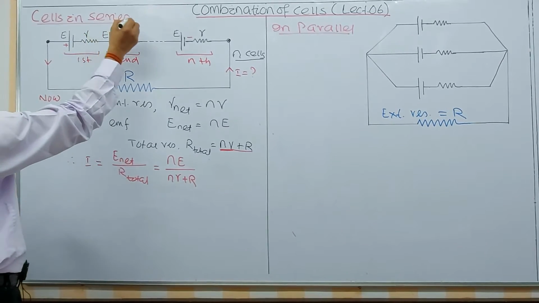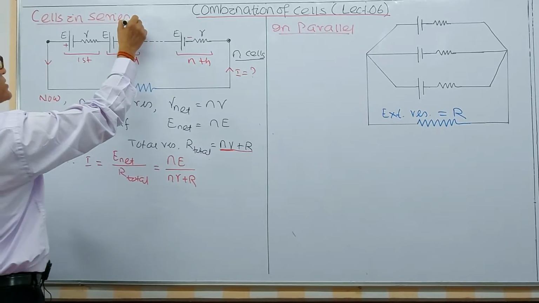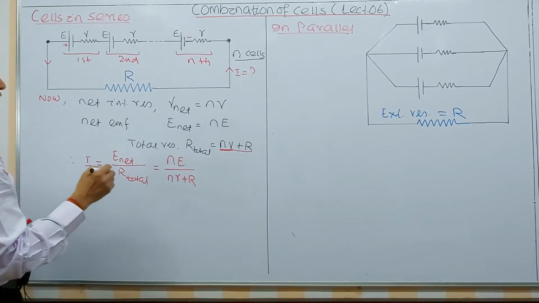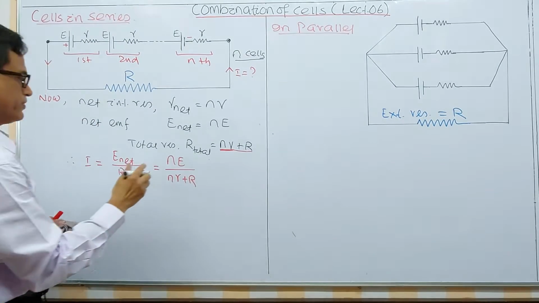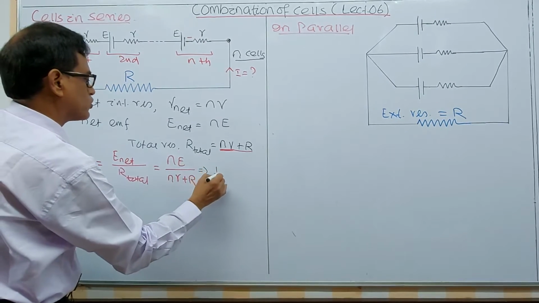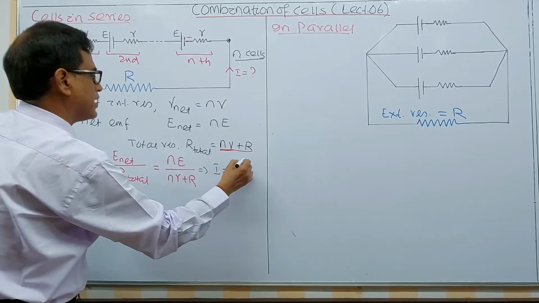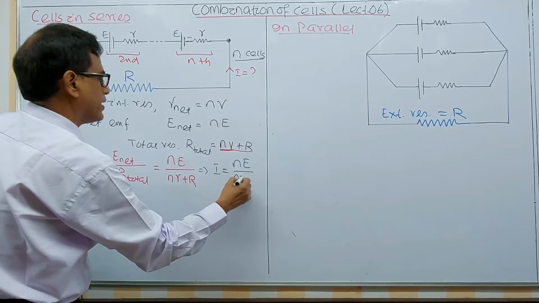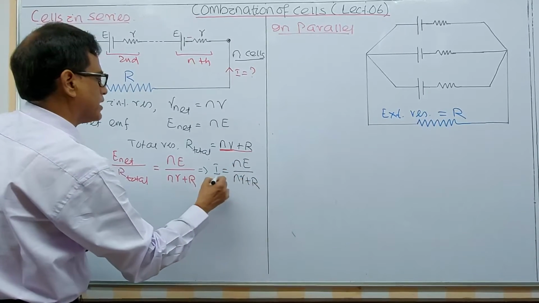In series combination, when cells are connected in series, the effective current in the circuit, I am finalizing it, total current is written as nE divided by n r plus R.